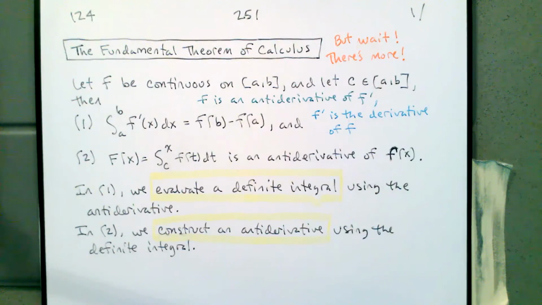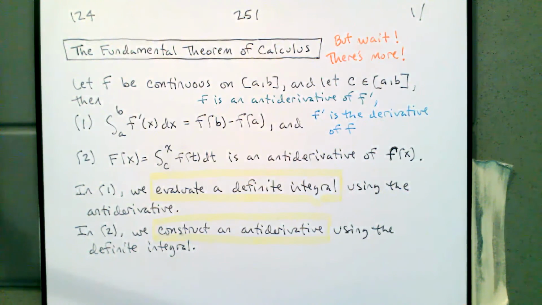The first part of the fundamental theorem is familiar to us. The definite integral from a to b of f prime of x dx is f at b minus f at a. The definite integral of a rate of change on an interval is the amount of change on that interval. I phrased this a little bit differently because I dropped the f prime in the integral part.